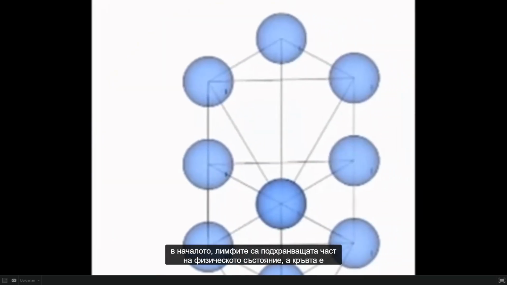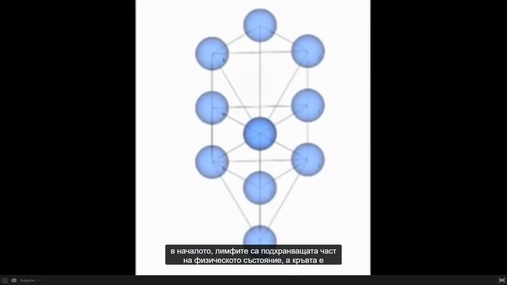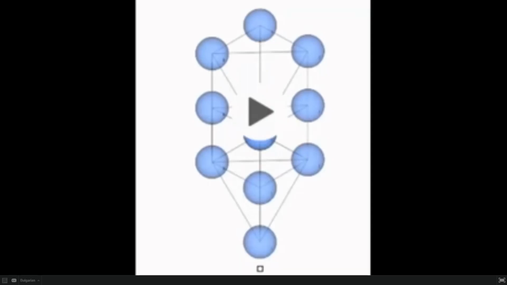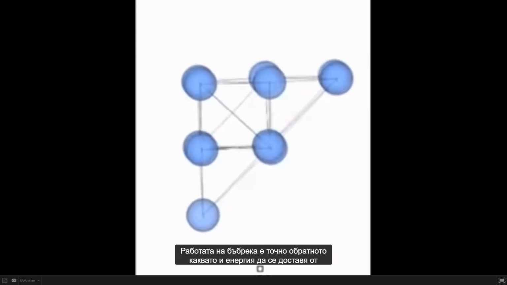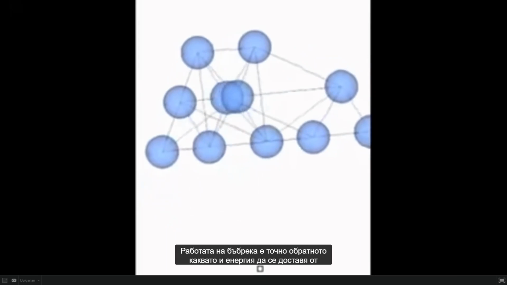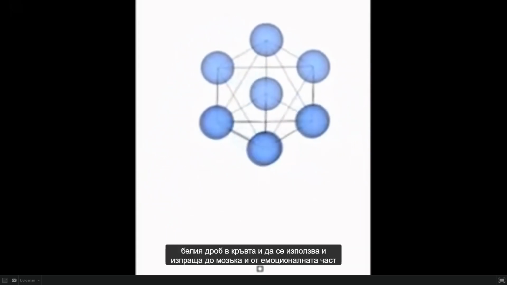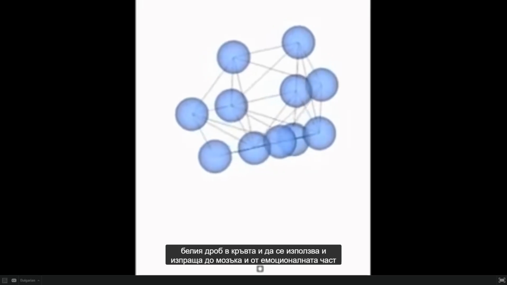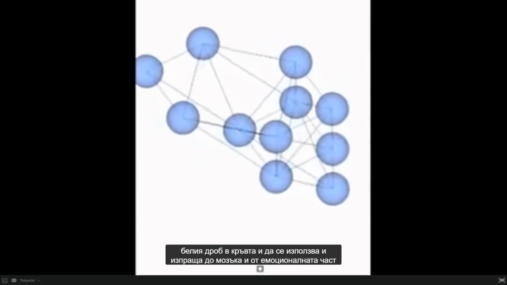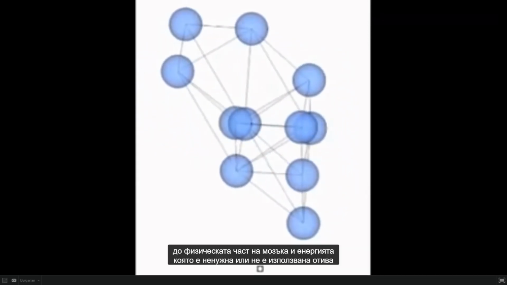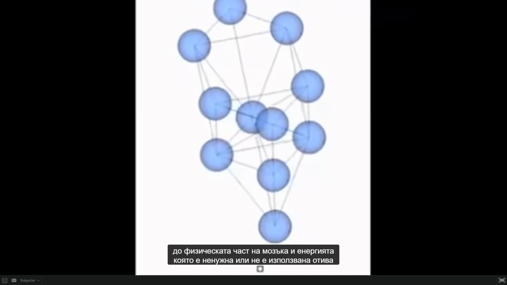As we explained from the beginning, the lymphs are the feeding part of the physicality, and the blood is the feeding part of the energy to the brain, which is the emotional part of it. The job of the kidney is exactly the reverse. Whatever energy has been delivered by the lung to the blood and sent to the brain, and used by the emotional part and the physical part of the brain, whatever is not used, which is not needed, goes back to the blood.